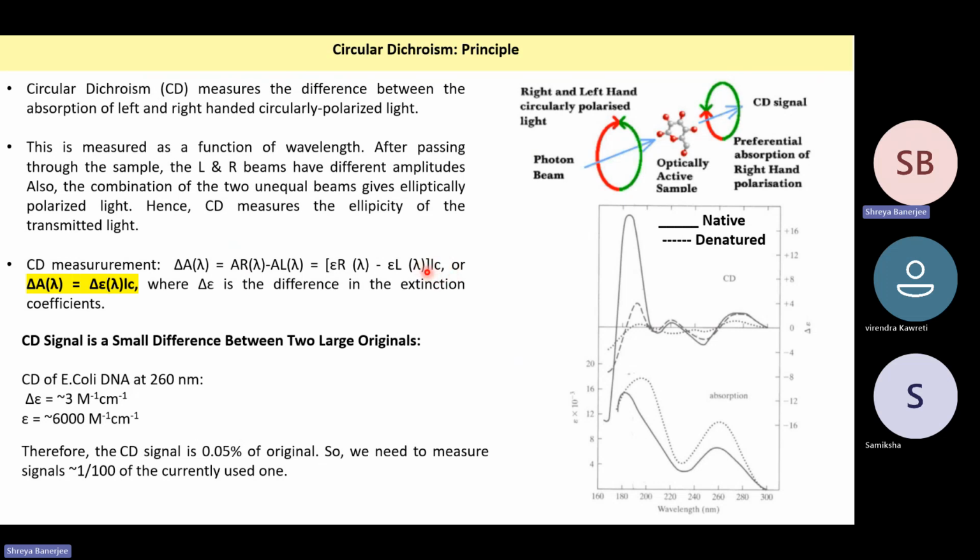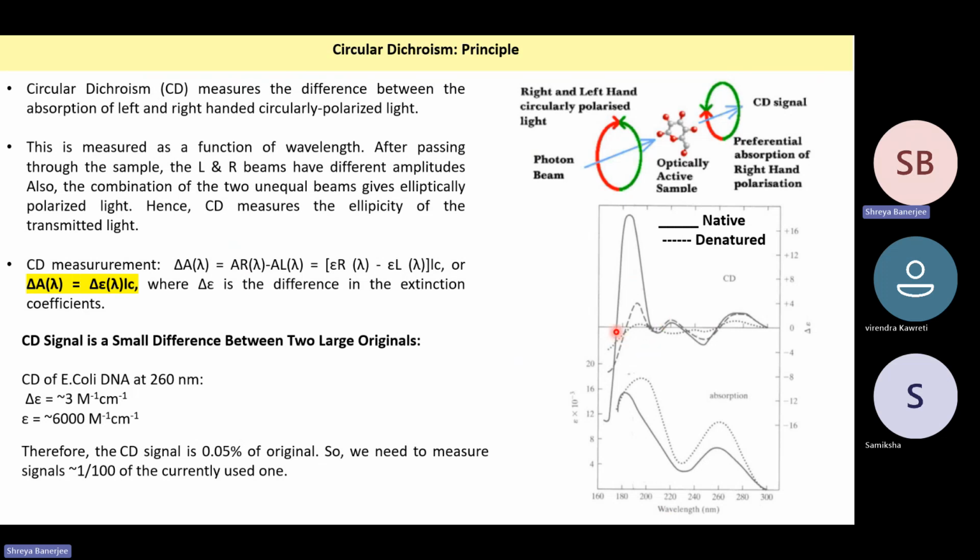You can take the concentration and length common because the sample has one concentration and the path length is also the same. So it is the difference in the absorptivity of the right and left polarized lights in the bracket, multiplied by LC. So delta A is delta epsilon LC. This is what you are measuring in circular dichroism, what is plotted on the y-axis, and you have wavelength on the x-axis.